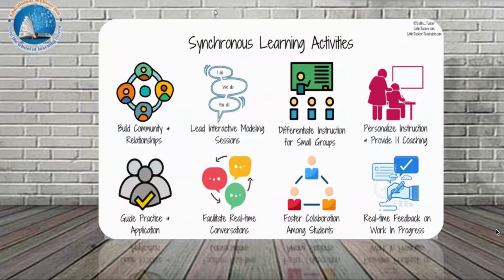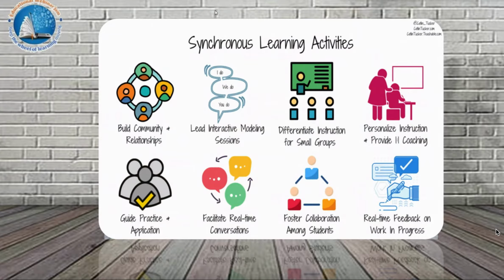Now, the first part of the lesson plan, I'm going to show you in synchronous learning activities. That means while you are teaching them in class live, one-to-one with your students every day. What happens in the synchronous learning activities should build community relationship. That means the activity should have everybody giving their feedback.